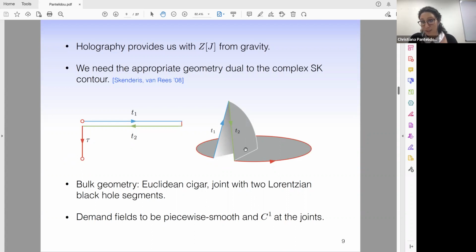But this is not to say that there are no other saddle points. I would say that is an open question. They proposed one such saddle, and it turns out that it works. But nothing stops you from coming up with a different saddle and doing the calculation there, as long as you asymptote to the Schwinger-Keldysh contour and you get the right result, but now maybe it would be a complex geometry.